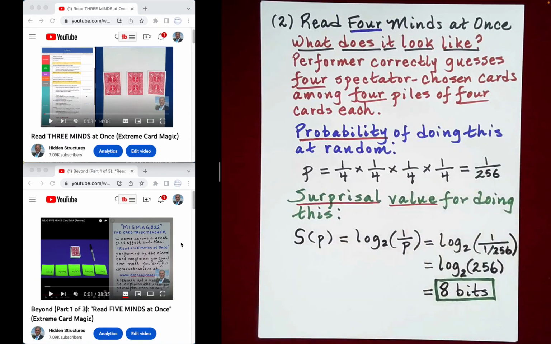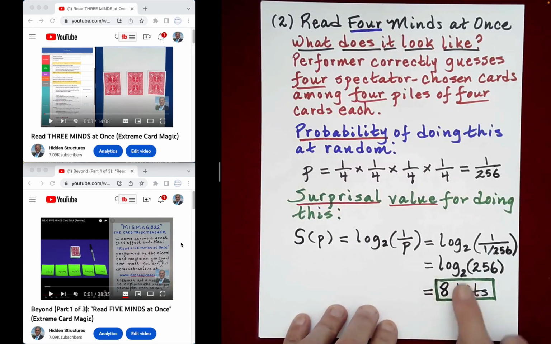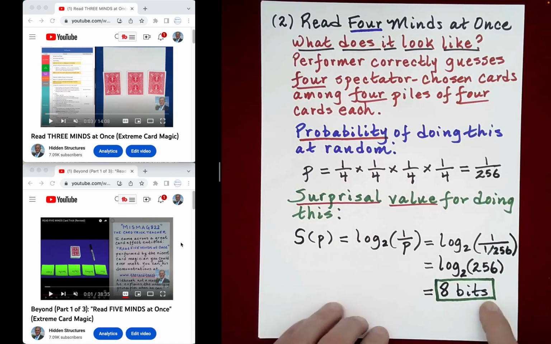So the probability that I would correctly guess all 4 spectator-chosen cards is 1 divided by 256. Well, in terms of surprisal value, this becomes log base 2 of 256, which is exactly equal to 8 bits of surprisal. Okay, so how do we interpret that?